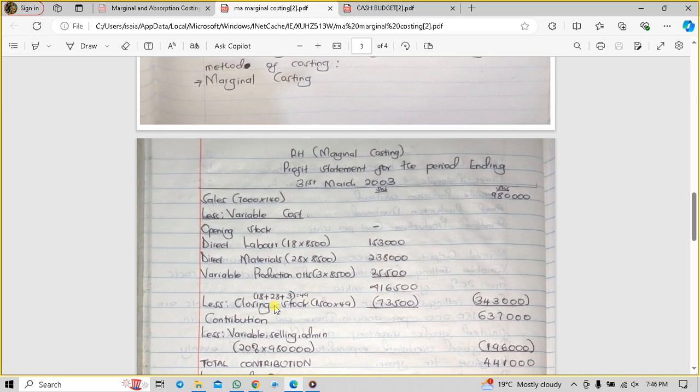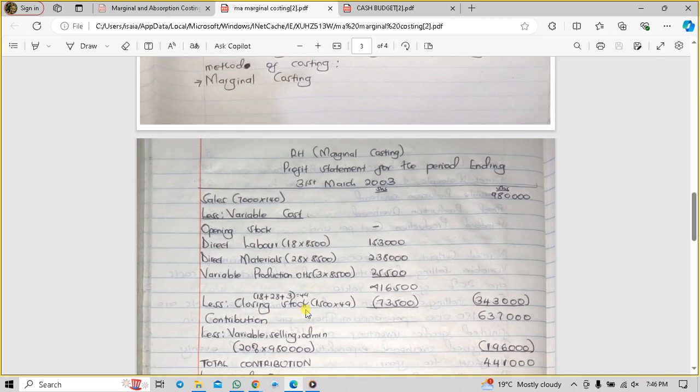From there, according to the format, we normally subtract the closing stock. In this case, for our closing stock, we normally take the variable cost: 18 plus 28 plus 3 for us to have 49.